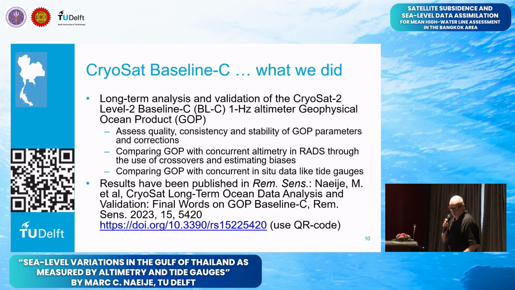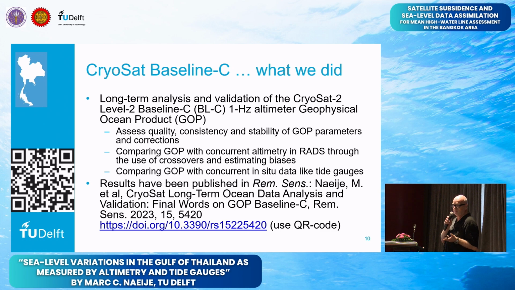And now we come to some results I have been trying to get for our Gulf of Thailand area. It's actually based on some other work I did for ESA. We do a CalVal for Cryosat. And basically what came out of this study, there's also a paper published, is that it's a very stable platform.